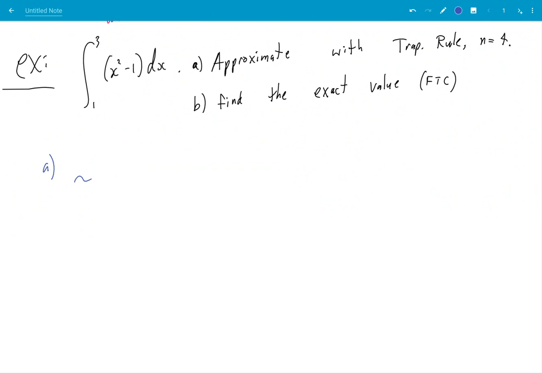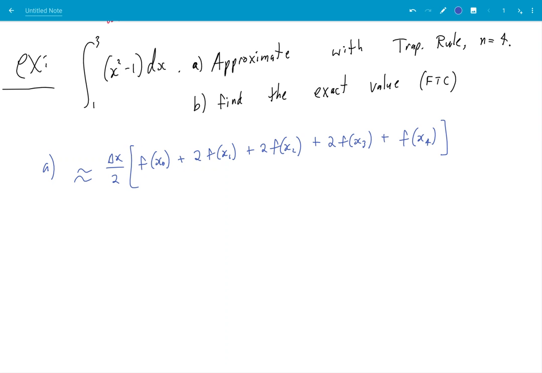This is approximately equal to delta x over 2, and we have n equals 4, so I'm going to go f of x0 plus 2 f of x1 plus 2 f of x2 plus 2 f of x3, and then the last term is f of xn.